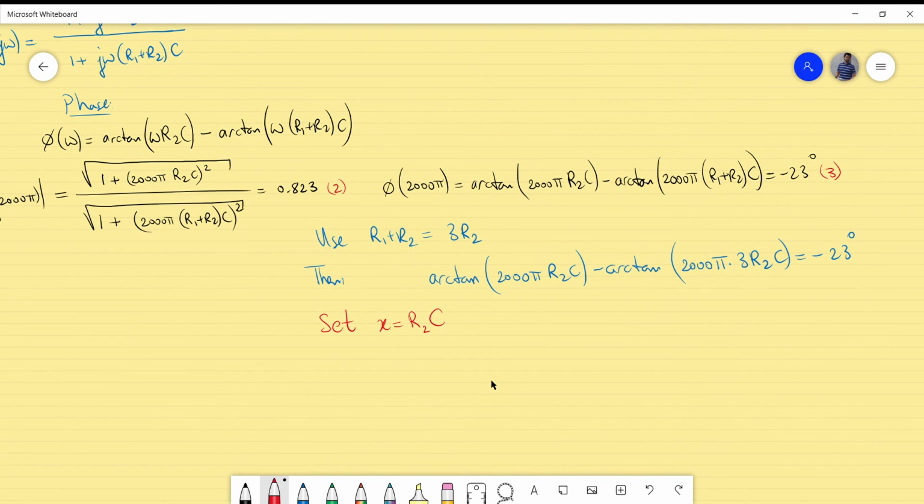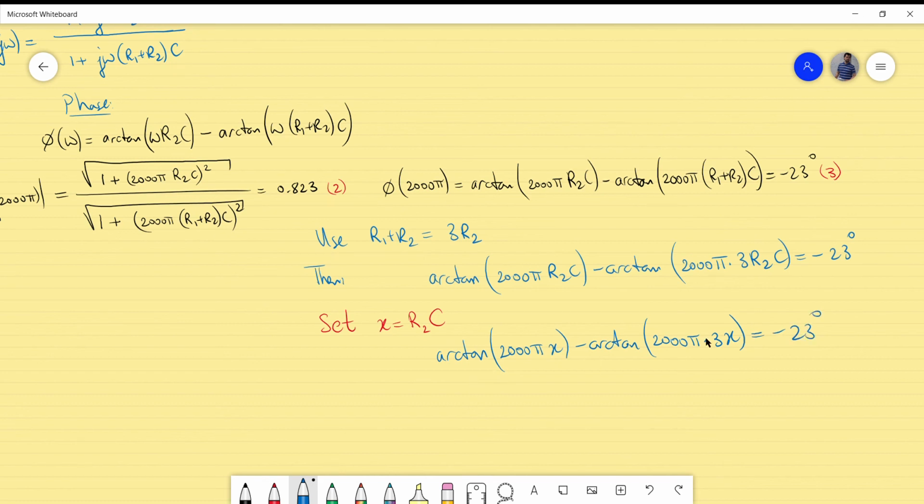So I have the following: arctangent of 2000 pi x, minus arctangent of 2000 pi 3 times x, will be minus 23 degrees.